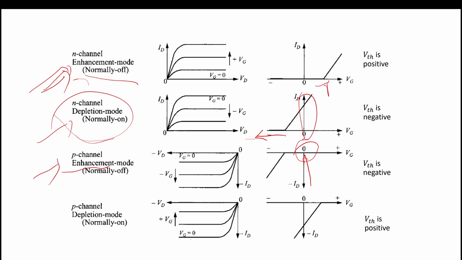But in depletion mode N channel MOSFET, this threshold voltage is negative. So at zero voltage it will be on. When we apply a voltage at the drain, there will be a current at zero gate voltage only. So we need to turn it off, we need to apply voltage in the negative.